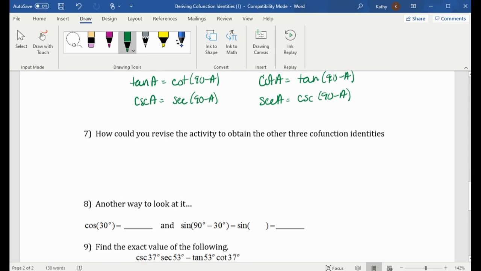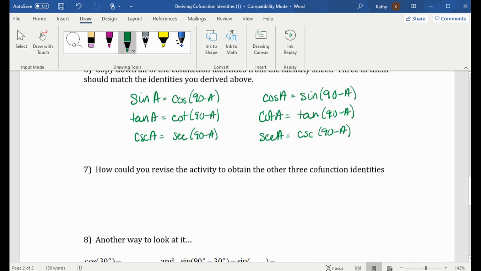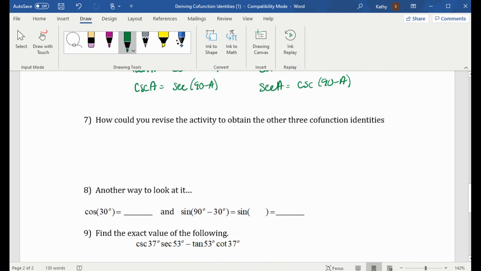How could we revise this activity to now get the other three cofunction identities? Well, looking at angle B, for example, what if we said cosine of B? What's the cosine of B equal to?